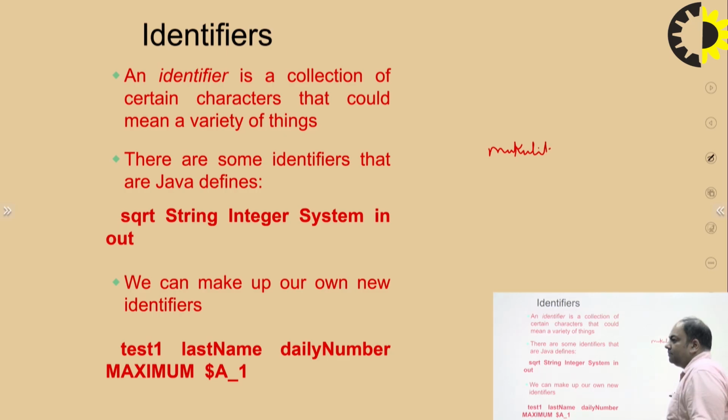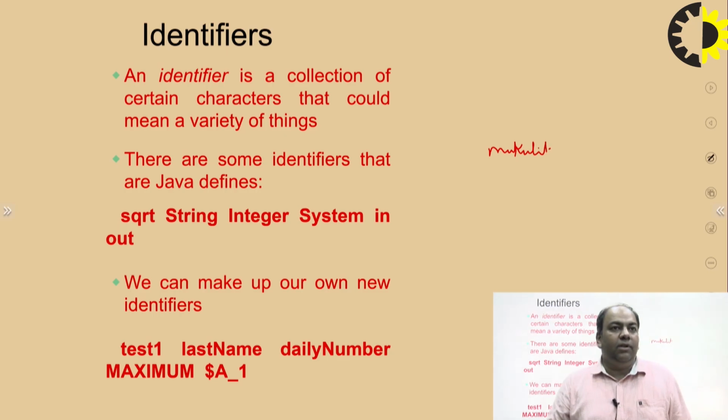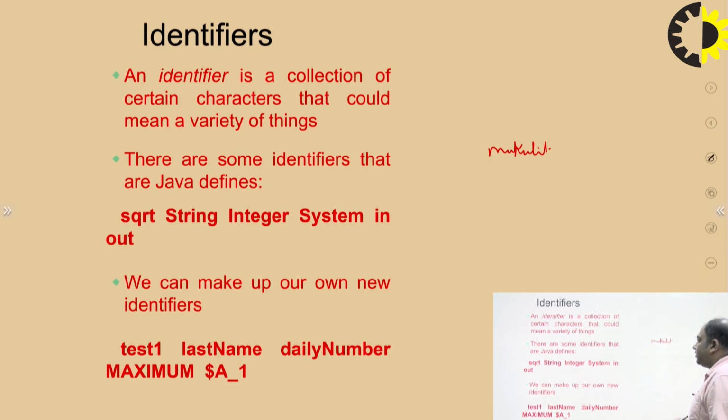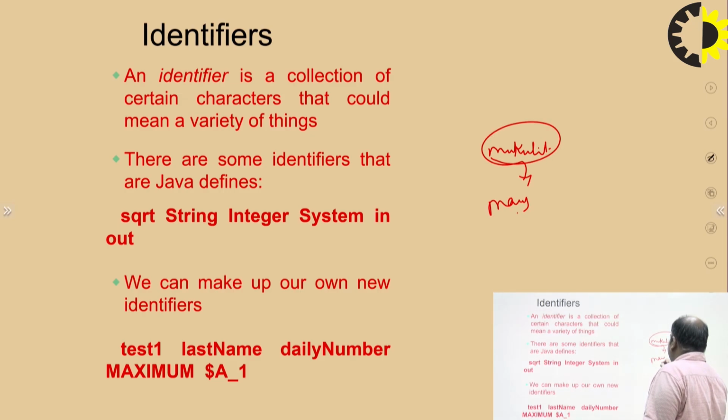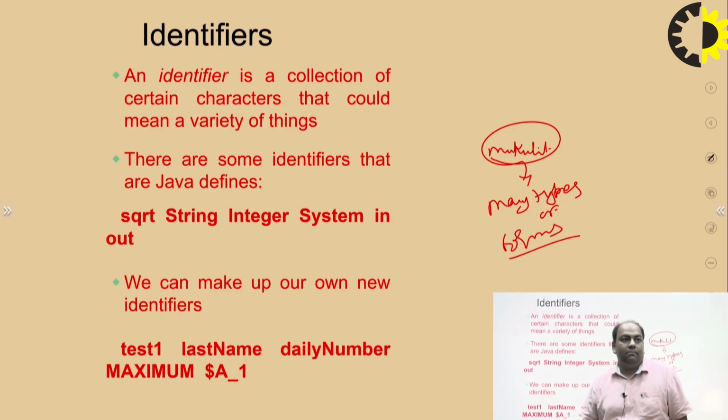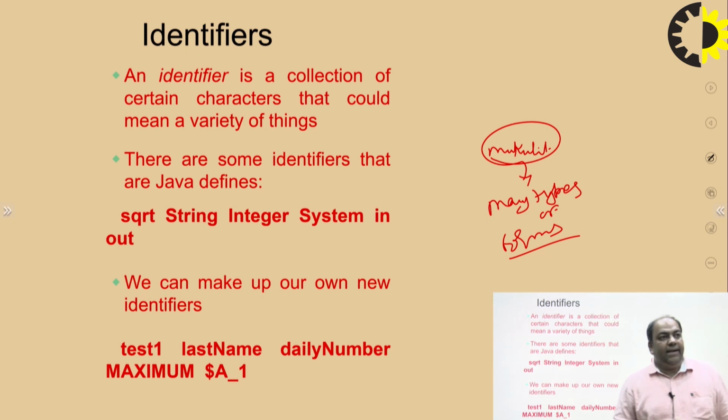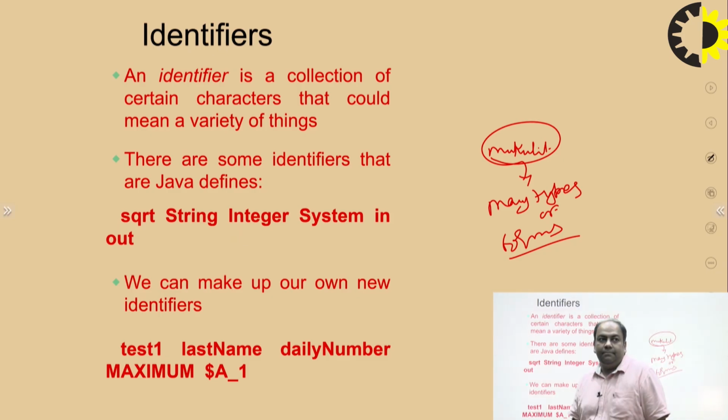But in Java, as a person, Mukulit is recognized for one person. But in Java, this Mukulit can work in many types or forms. So the identifier can provide a many meaning in Java programming.